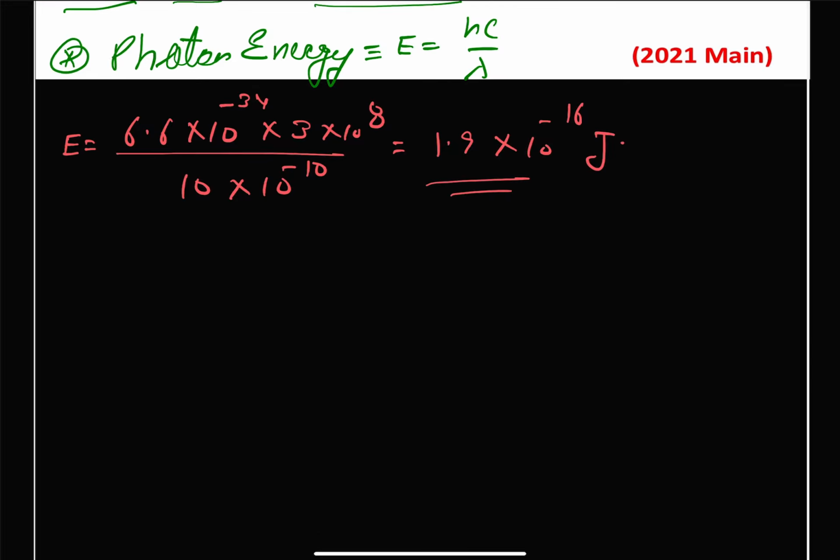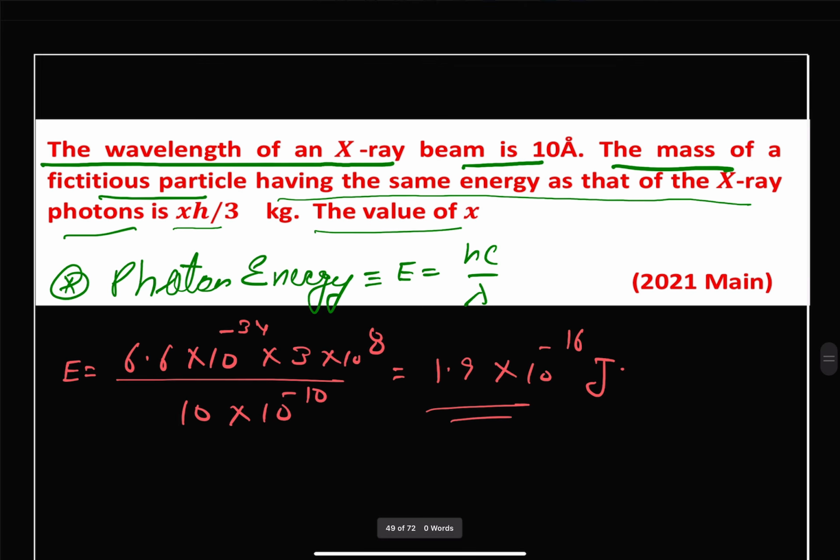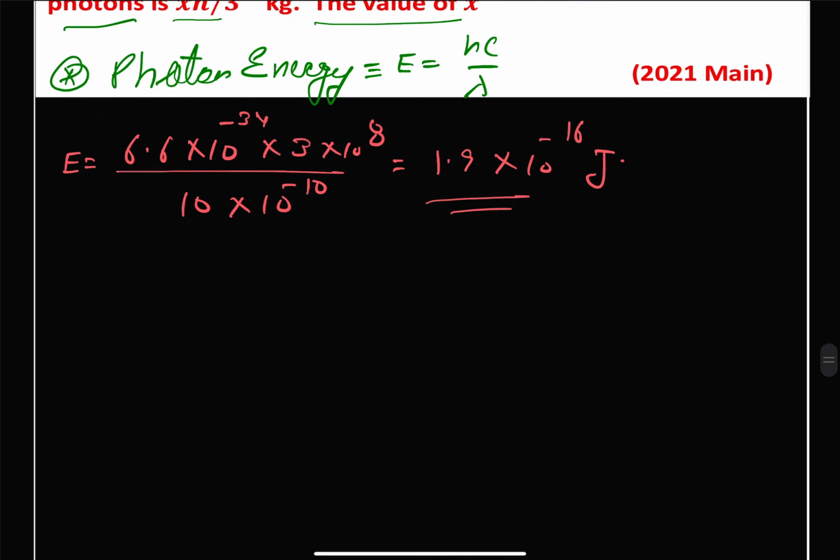Now we can use the equivalent mass with the same energy, because it says that they are having the mass of a fictitious particle having the same energy as that of the X-ray.